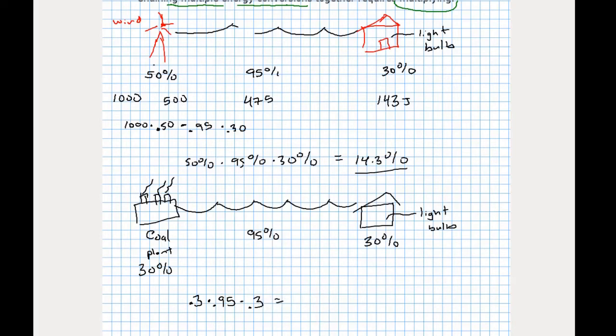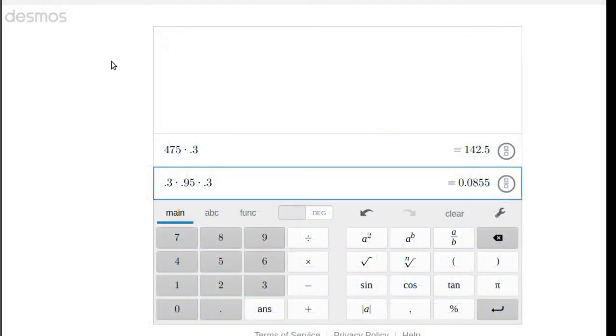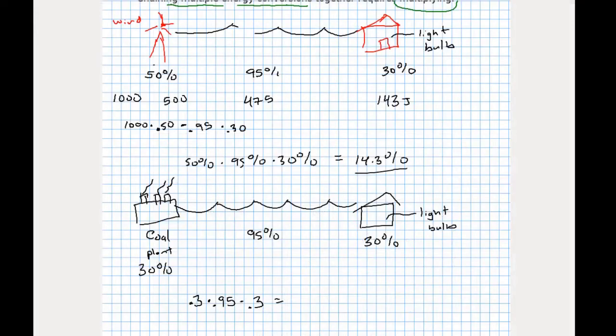And then I'll go over to my calculator and calculate that. You see I already typed that in. 0.3 times 0.95 times 0.3 is 8.55%. So I'm going to round that to 8.6. Go back over here. I get 8.6%.